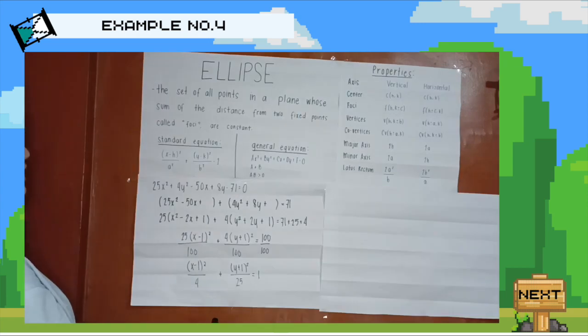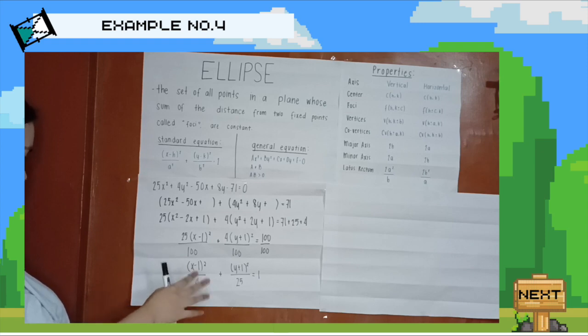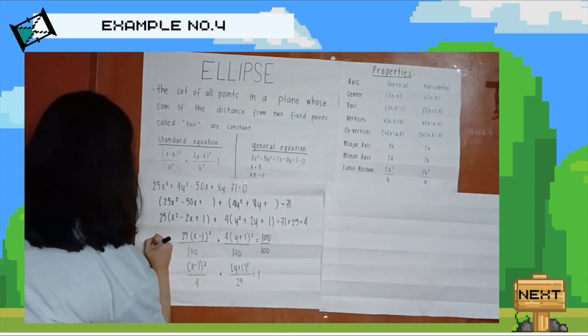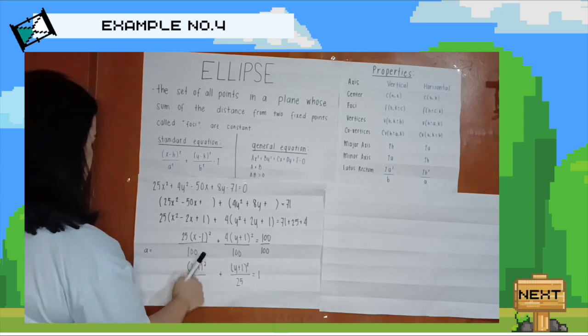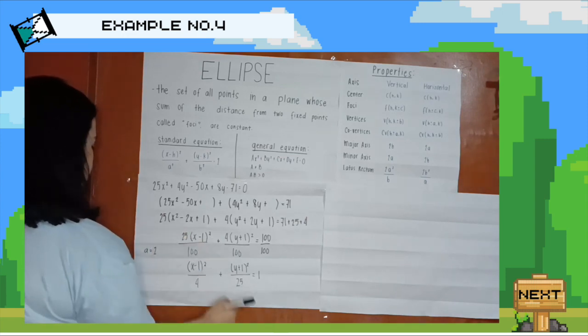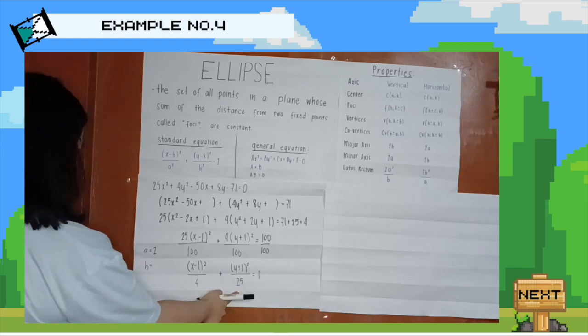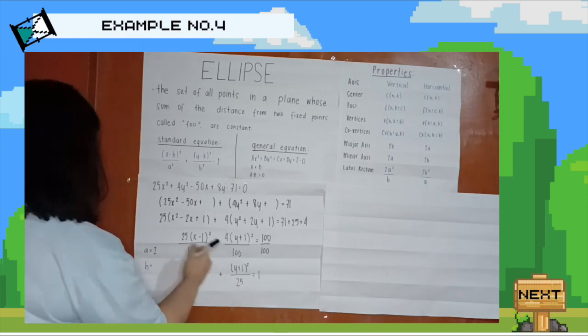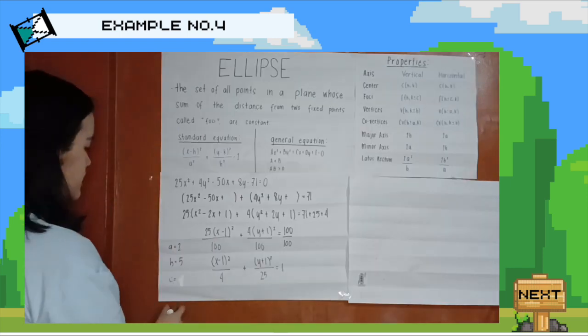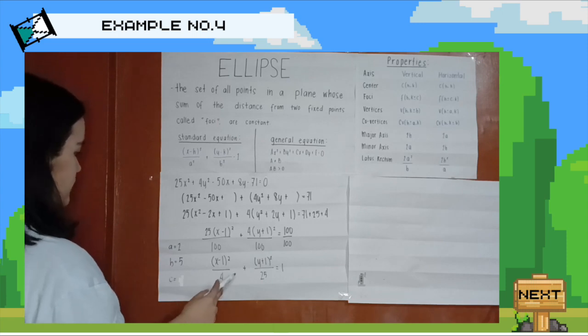Now for properties, we need to find A, B, and C. For A, the square root of 4 is 2. And for B, the square root of 25 is 5. To get C, we need to subtract 4 from 25.